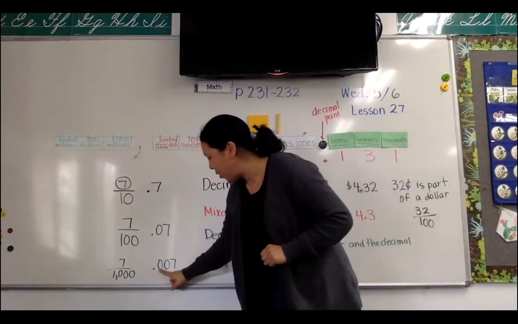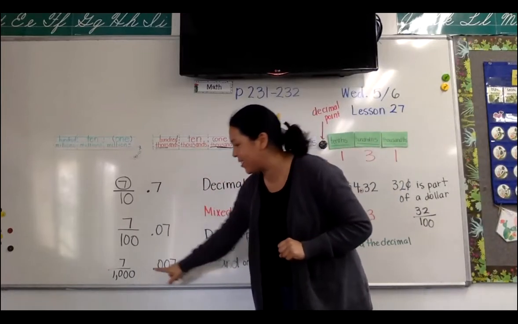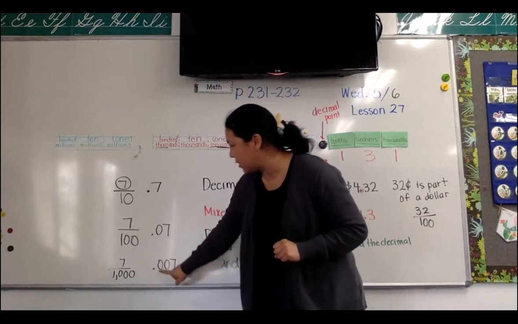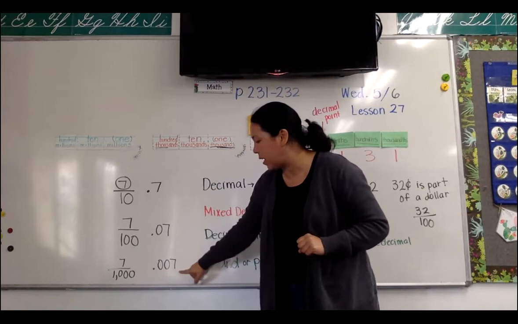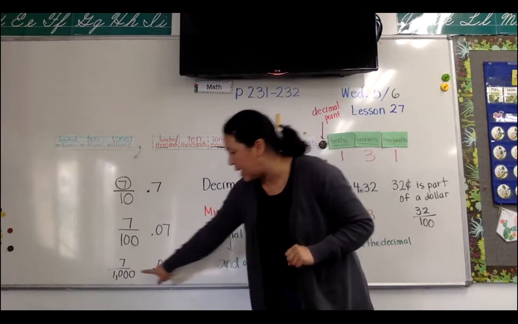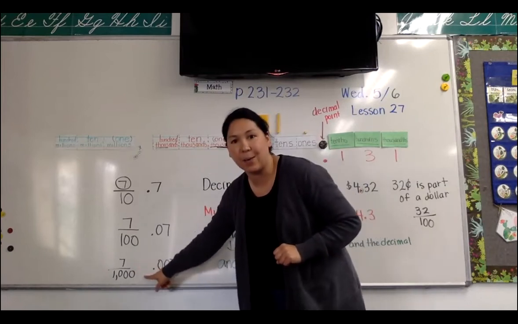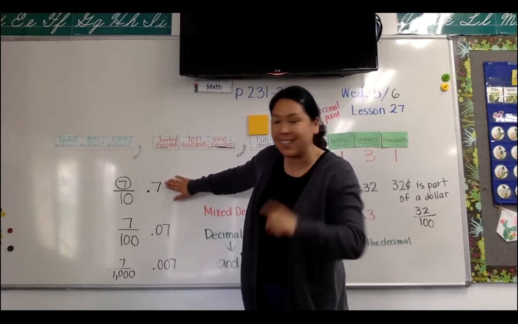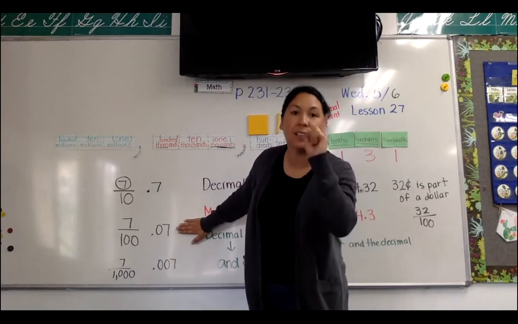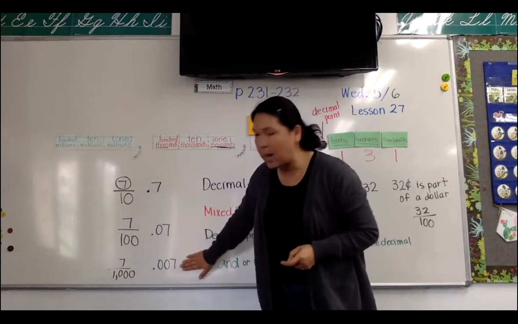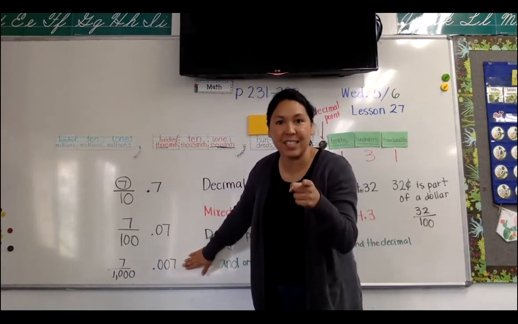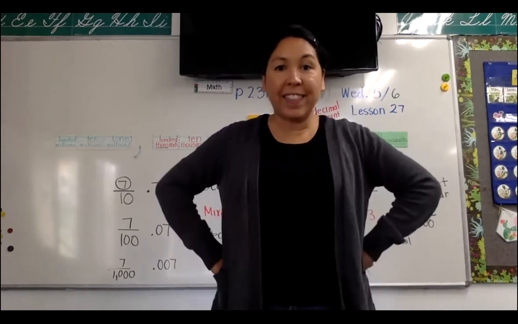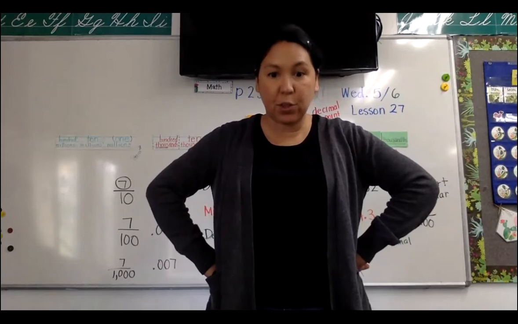Oh, there are 3 numbers in this one. So what are we gonna say? Thousandths. 7 thousandths is written 0.007. We read it the same as this though, 7 thousandths. So everyone say 7/10, 7/100, 7 thousandths. Good. So the trick on decimals is putting that THS after it at the end.